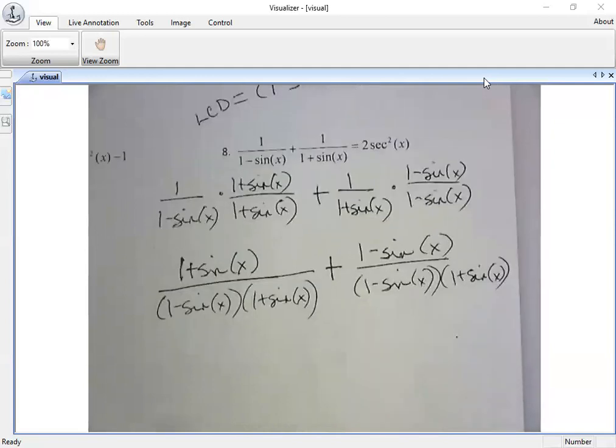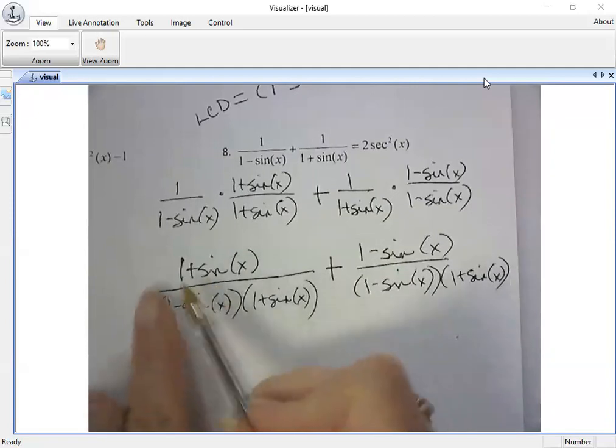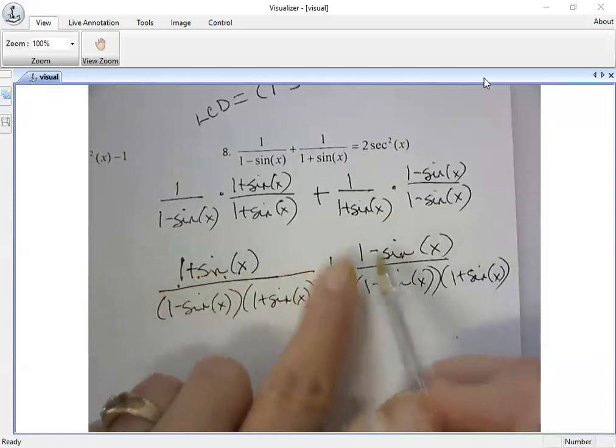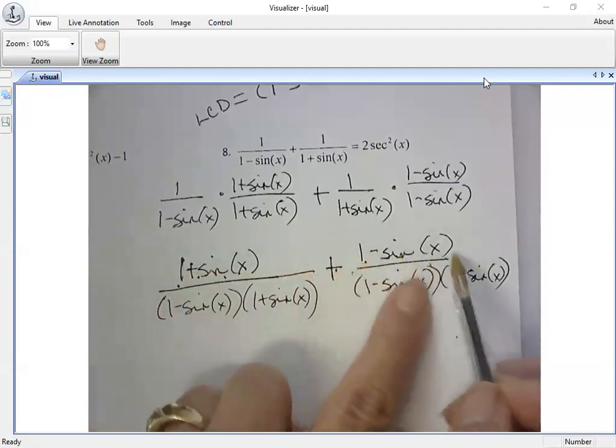Okay, since the denominators are the same, we can actually add these two, right? And what's going to end up being in the numerator when we add these? Well, be careful. I've got 1 plus sine of x plus 1 minus sine of x. What happens to the sine of x's?